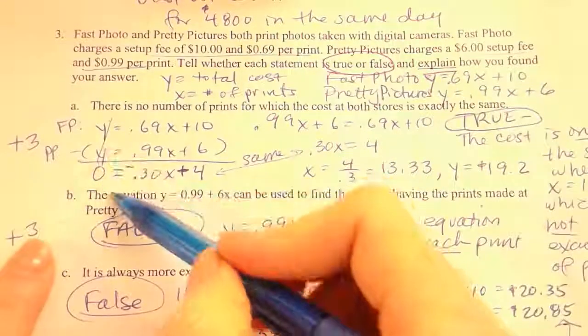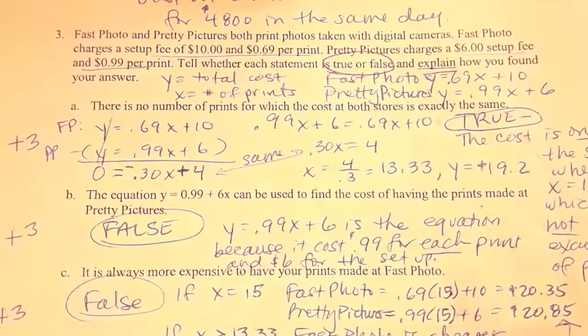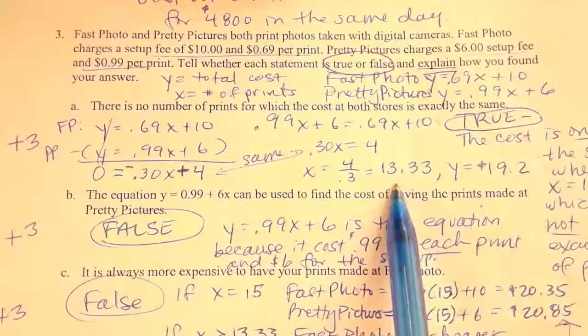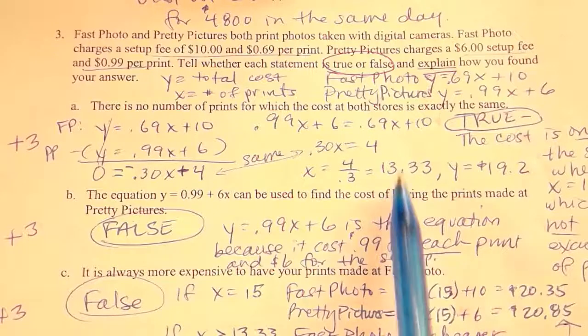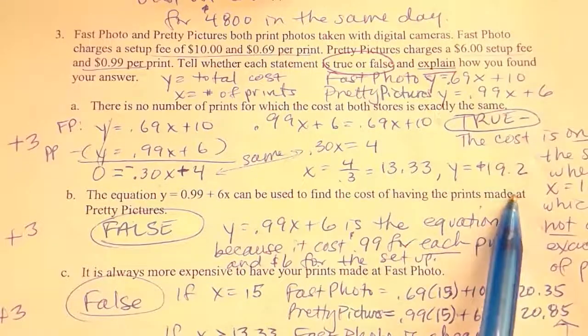I chose to do elimination here. You could have just as easily used substitution. That's your choice. When all was said and done, what I found as the solution, the point at which it doesn't matter which place you go to, was where x was 13.33 prints, because I defined x to be the number of prints, for a total cost of $19.20.